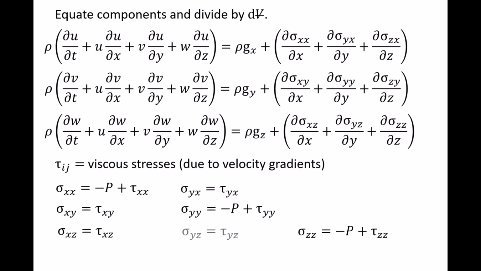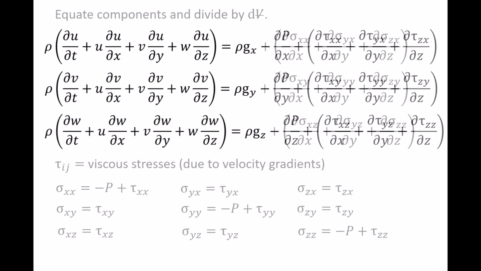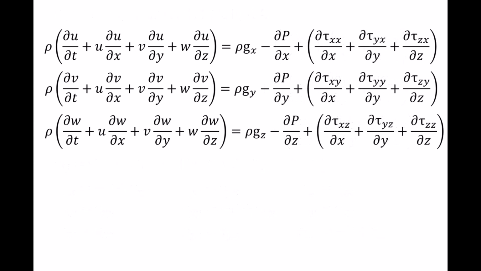Sigma yz is replaced by viscous stress tau yz. Sigma zx is replaced with viscous stress tau zx. And sigma zy is replaced with viscous stress tau zy. We plug in the new expressions for the stresses into the equations and separate out the terms that have pressure.